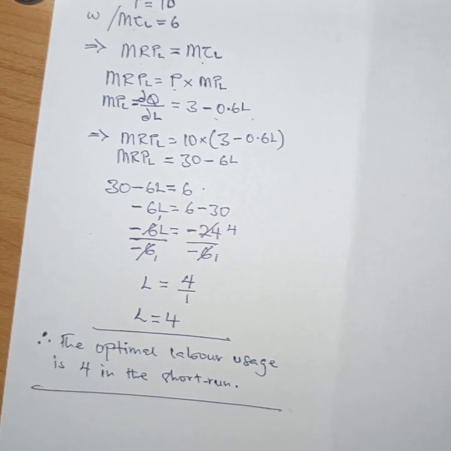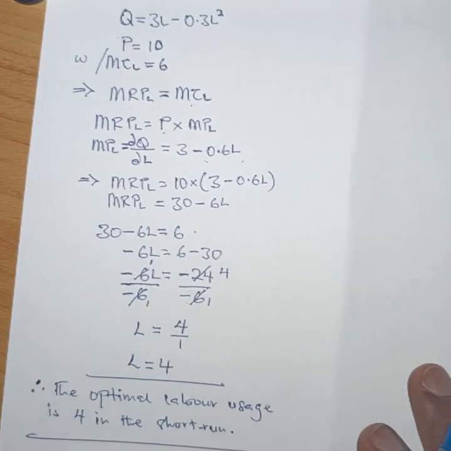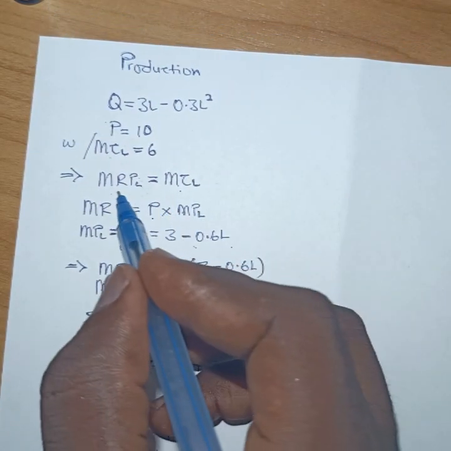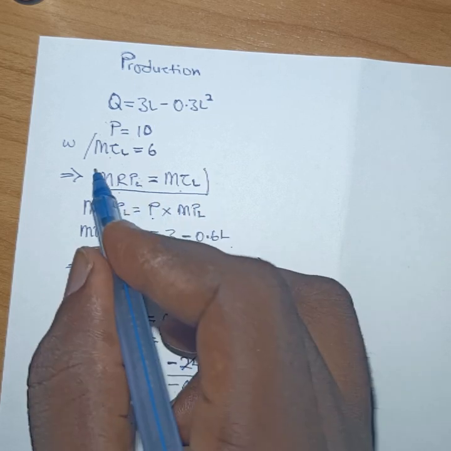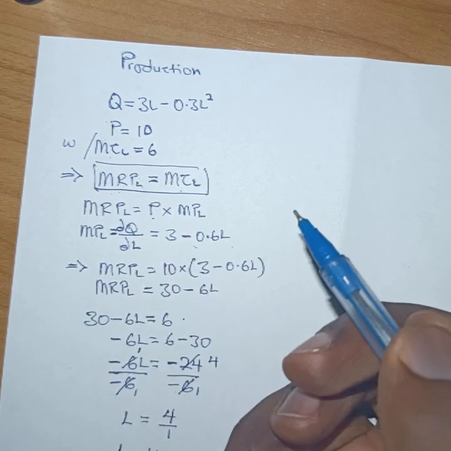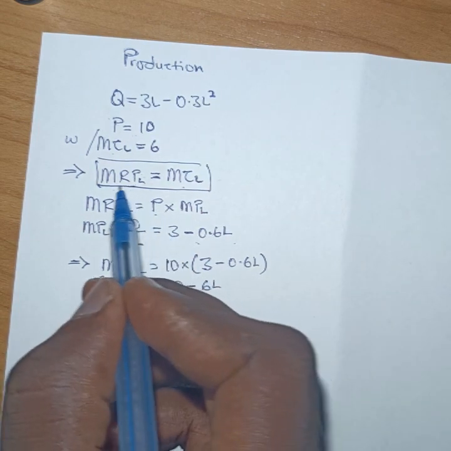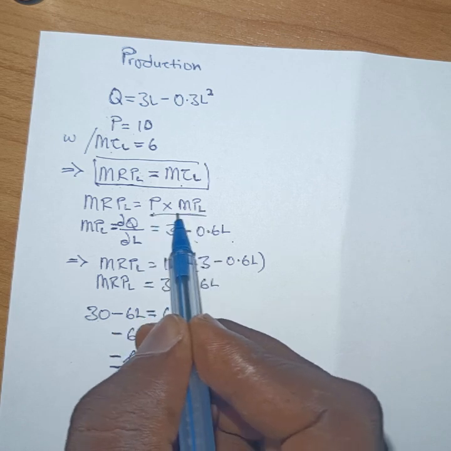So that is how you solve a question in the short run. Take a look at it carefully. Always remember this formula when you are solving a question in the short run. You have to expand this, and if you expand it, you're going to get this.